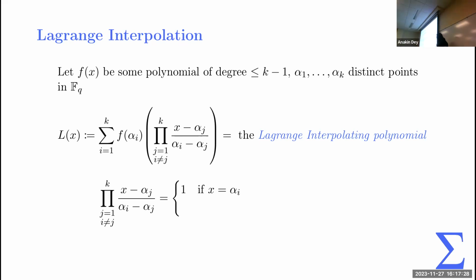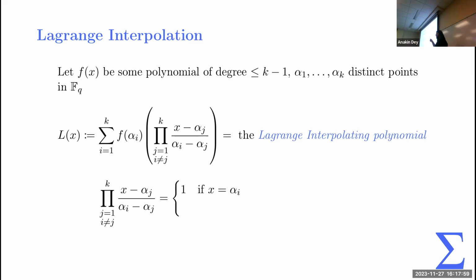And then what if x is equal to one of the other alphas, let's say alpha sub L, that's not equal to alpha sub I on this list? What is this product going to be equal to? Why is it going to be 0? Exactly.